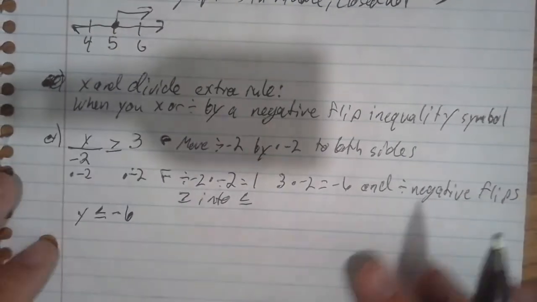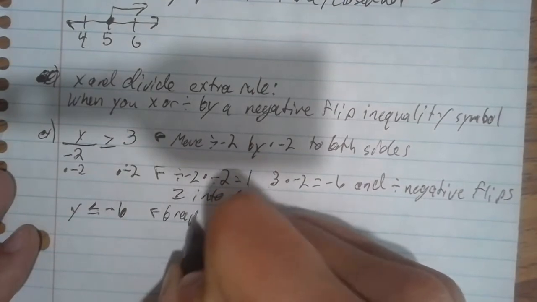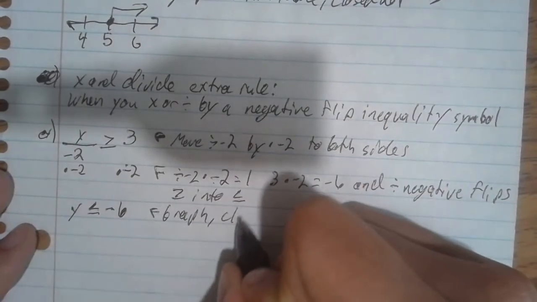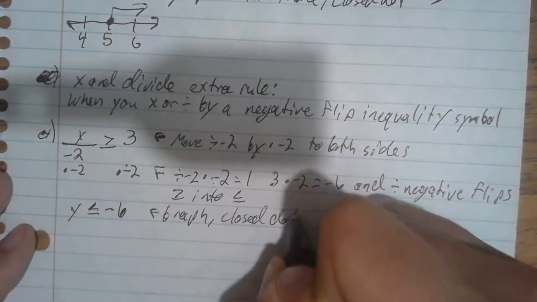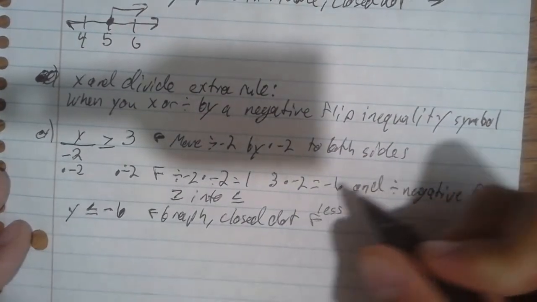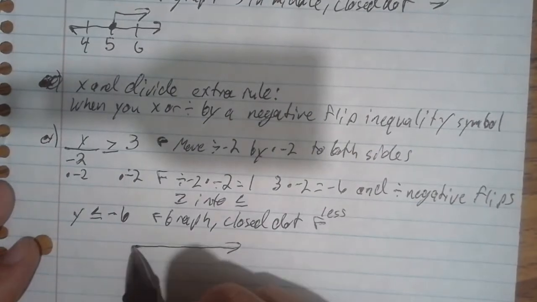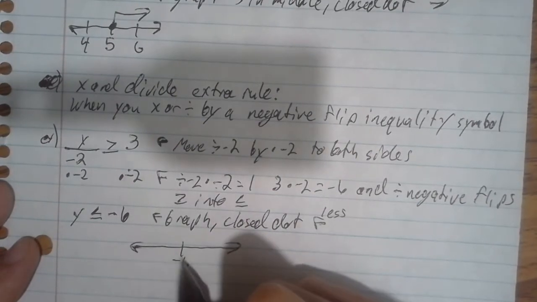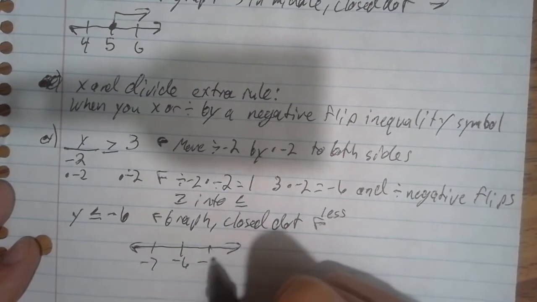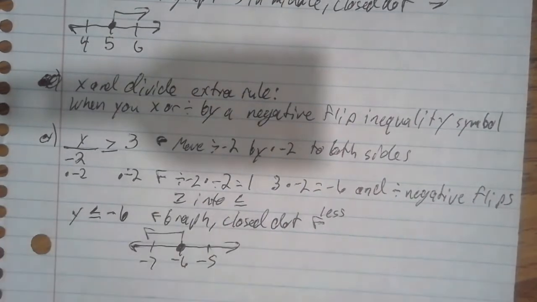Now we can just do our graph. It is a closed dot. Arrow going that way because less. Negative 6 in the middle, negative 7, negative 5, closed dot, arrow going less.